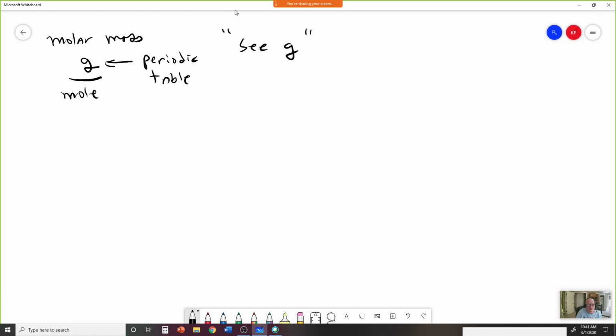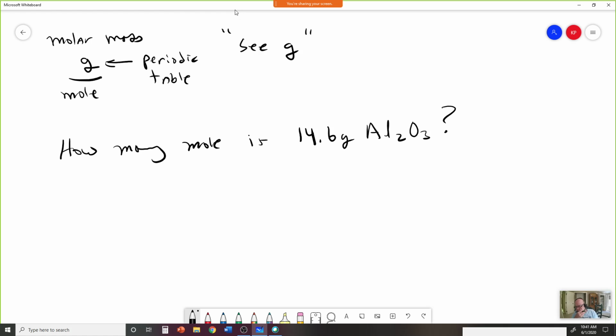All right, so let's say, how many moles is 14.6 grams aluminum oxide? How many moles is 14.6 grams aluminum oxide?